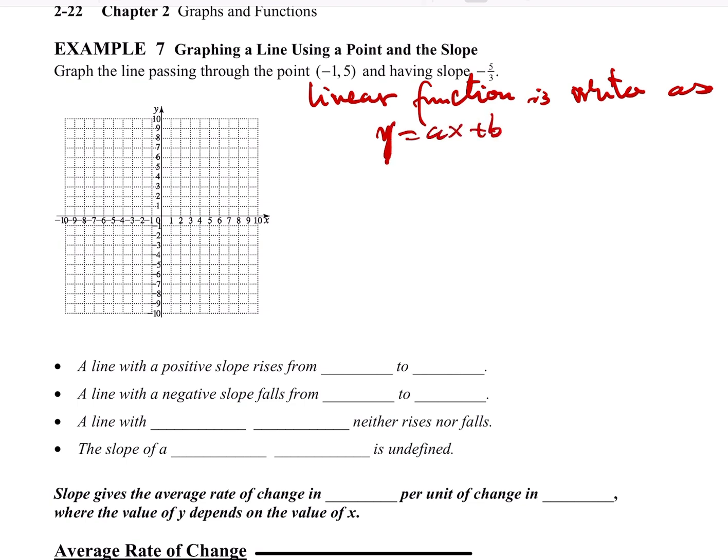And remember, if you have that form, the 8 is called the slope. Therefore, since the slope here is given, 8 is negative 5 over 3. You have y is equal to negative 5 over 3x plus b.